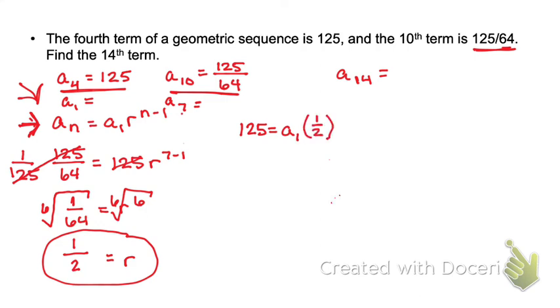What's n? 4. 4 minus 1. So that gives me 3, right? So 125, a sub 1, and 2 to the third is 8, so it's 1/8.